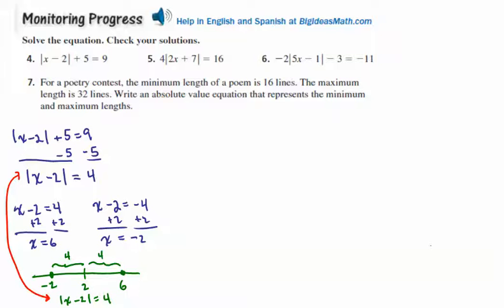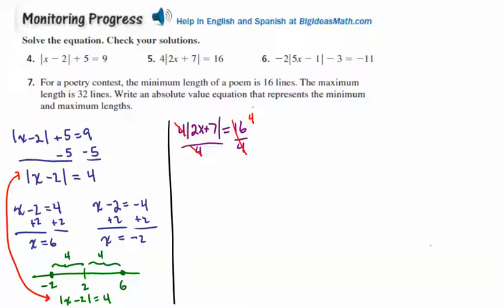In the second example, we have 4 times the absolute value of 2x plus 7 is equal to 16. And so here, again, when you're multiplying by something, I'm going to suggest that you don't distribute, but instead we're going to divide both sides by 4. When we do, the 4's on the left cancel, the 16 and the 4 cancel to give 4 on the right.